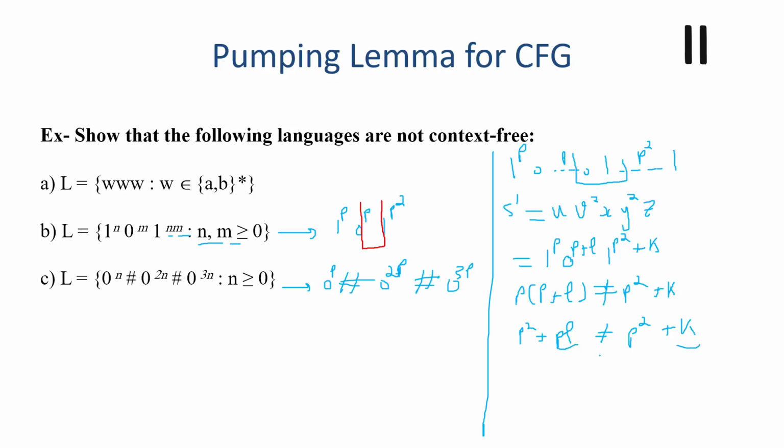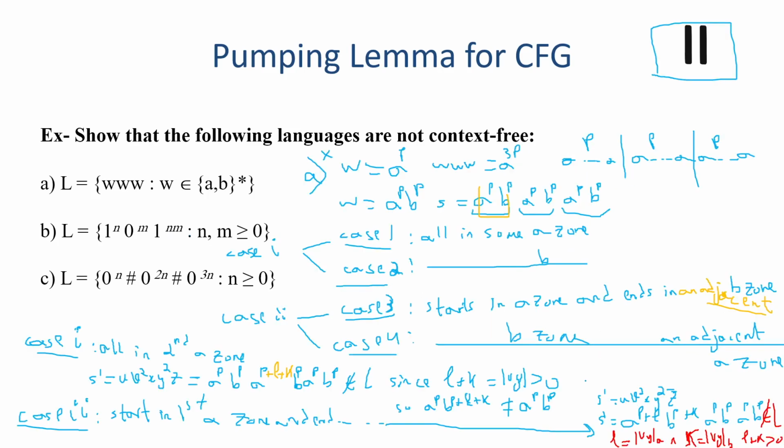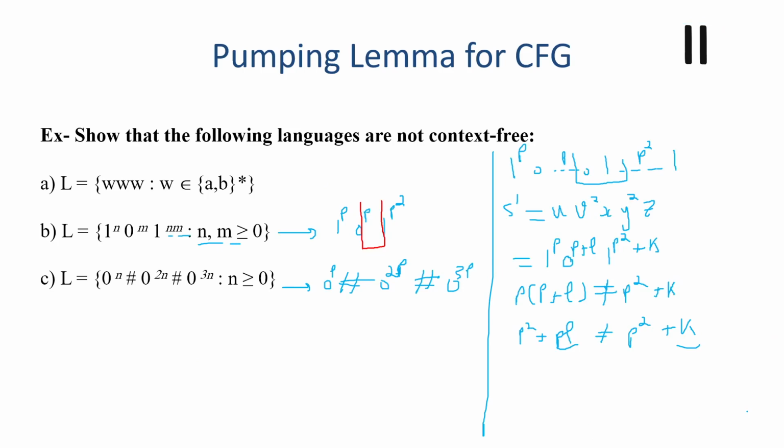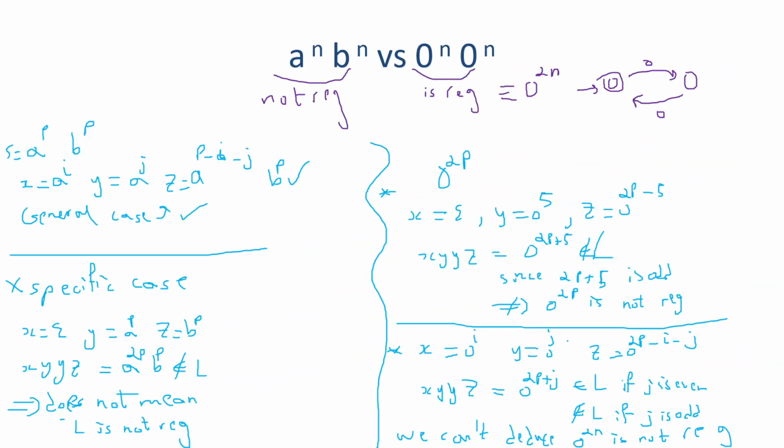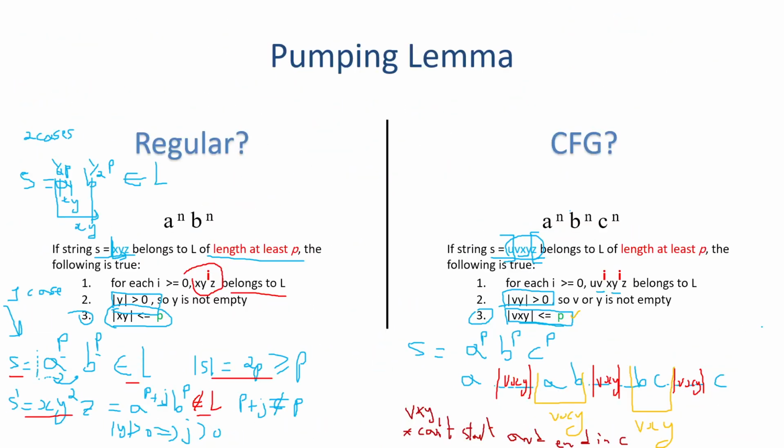And this is kind of tricky because we've never seen this before. Like before, it was all straightforward. Obviously here, p plus L is going to be different than p, if L is strictly positive. However, here it's kind of different. So we're going to have to make use, I think, of part 3. Part 3, we'd usually use when I want to know where my vxy is. And we usually relied on the second rule to prove that it's no longer in our language when we pump up.